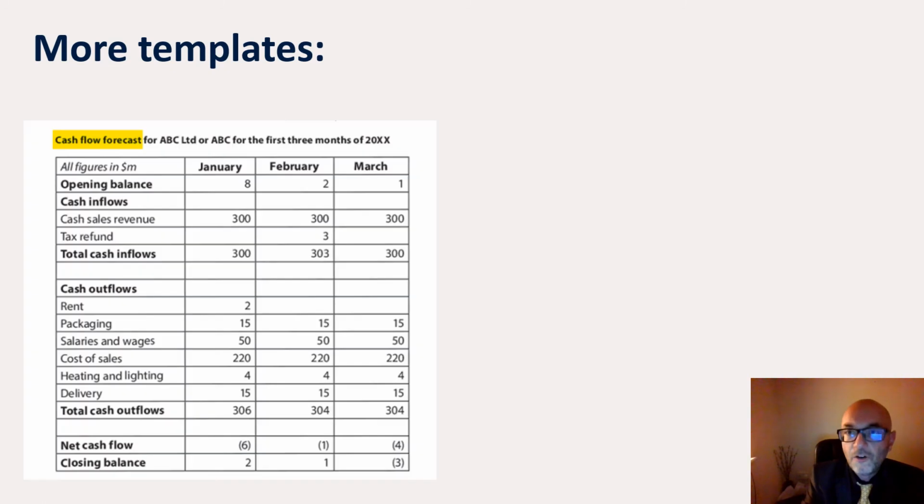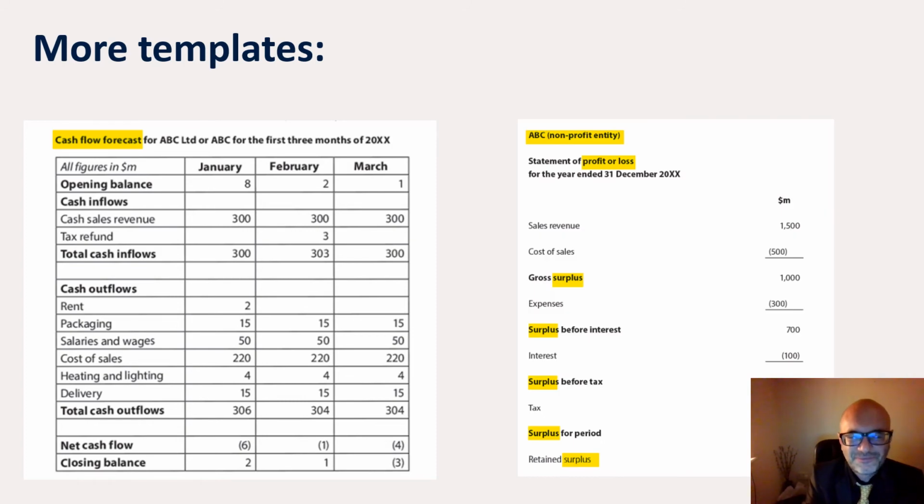I also want to draw your attention to the new templates that we have. Not only balance sheet and profit and loss for commercial organizations, but we have a few more at the end of the guide. For example, we have a template for cash flow forecast. The IB is now telling us this is the format to use, and this is wonderful, I think, to have a set template. Second example, please, my friends, observe it.